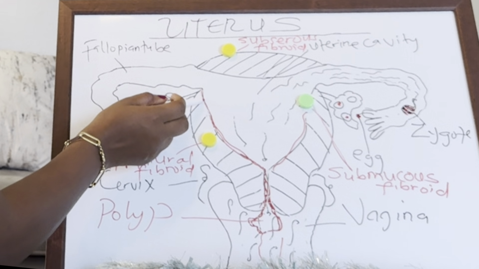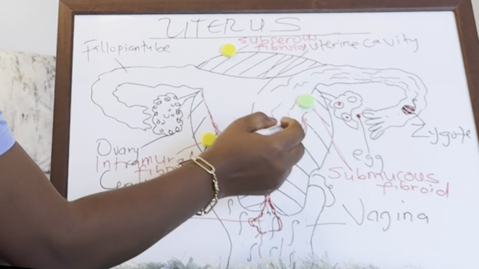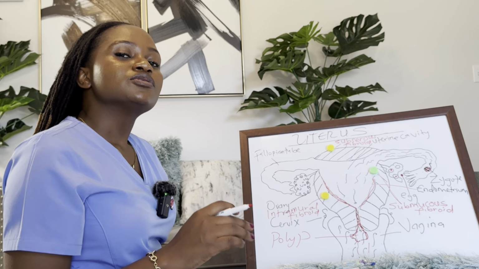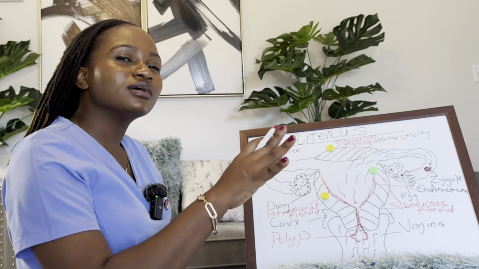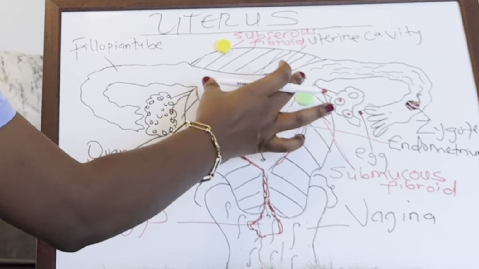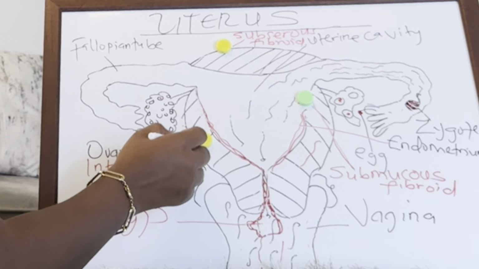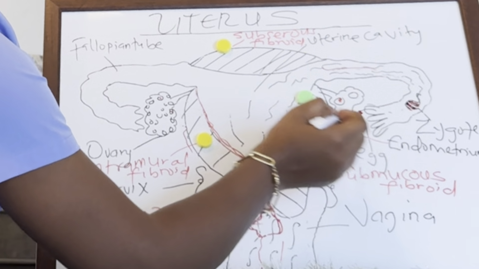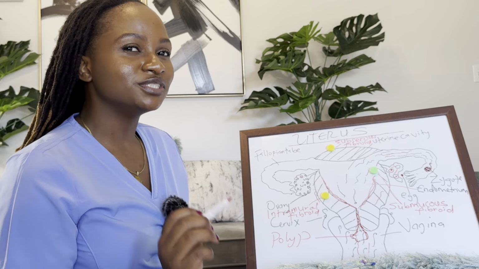Now, this inner lining of your uterus is actually what we call the endometrium. So in women where this lining of the uterus is found in other parts, once it's not inside here, once it's found in other parts, maybe within the muscle, on the outer body of the muscle, in the fallopian tube, in the ovaries, it's called endometriosis.